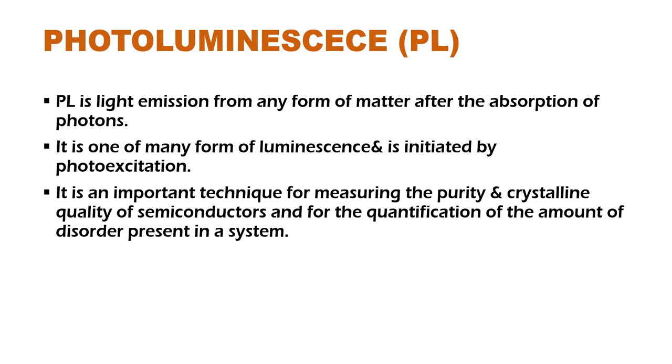Photoluminescence is an important technique for measuring the purity and crystalline quality of semiconductors and for quantification of the amount of disorder present in a system. Photoluminescence excitation is a specific type of photoluminescence and concerns the interaction between electromagnetic radiation and matter.